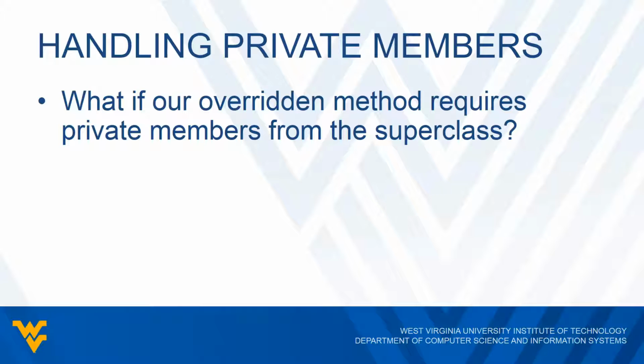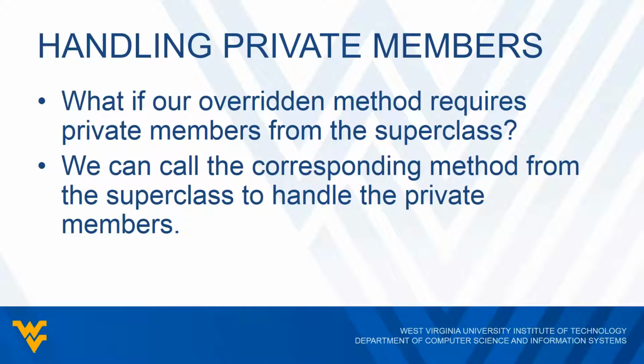Because remember, we mentioned before that if a member is private, no other class can directly access it. And that includes subclasses. So if we try to directly access one of these private data members in the method definition, it's not going to work. We're going to get an error. Well, what we can do is have some method from the superclass, because there have to be methods inside the superclass that handle those private data members.